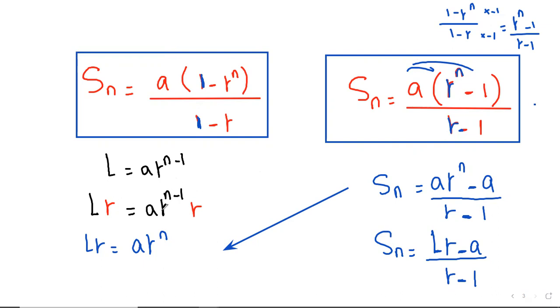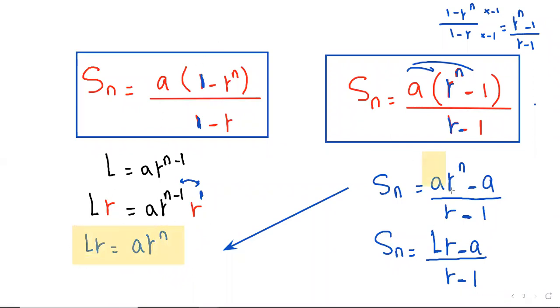Multiply both sides by R. So LR equals A multiplied by R to the power of N minus 1 multiplied by R to the power of 1. When multiplying like bases, we add powers. So LR equals A R to the power of N.